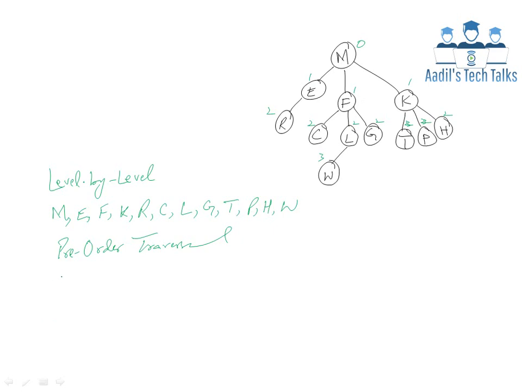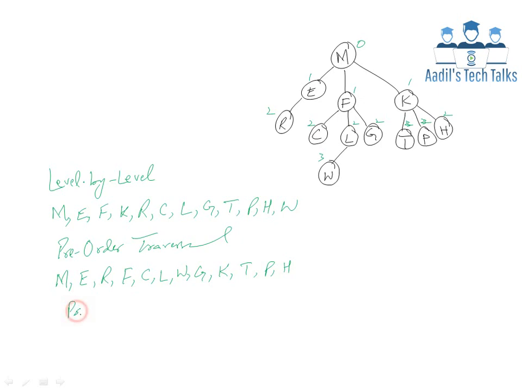So this means that M, the oldest brother of M is E, and E in turn is the parent of R, so this is R. Now there is no younger brother of R, so the younger brother of E is F, which in turn is the parent of C. Younger brother of C is L, which is the father of W, and youngest brother of C and L is G. Then the younger brother of F is K, which is the father of T, P, and H.